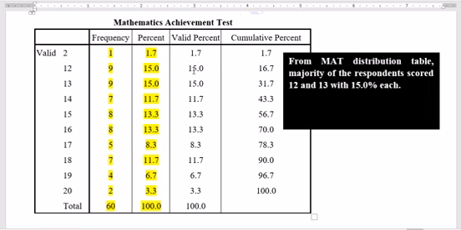Now 1.7 plus 15.0 will give us 16.7. 16.7 plus 15.0 will give us 31.7. 31.7 plus 11.7 will give us 43.7. 43.7 plus 13.7 will give us 56.7. All along until you get to 100. It must equal 100%.